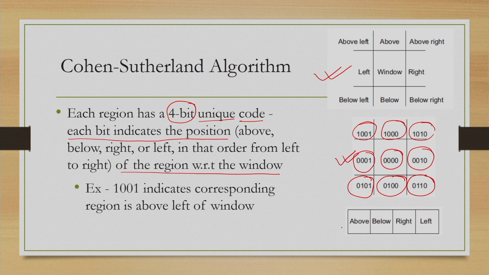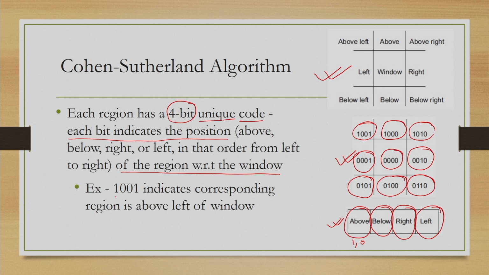The organization of the code looks something like this, where the leftmost bit indicates above location, the next bit indicates below location, the next bit indicates right, and the rightmost bit indicates left location. Each location can take either 1 or 0. 1 means it is above, 0 means it is not.